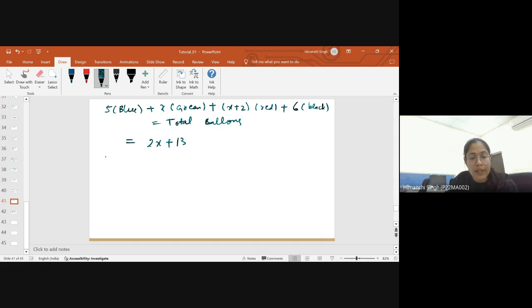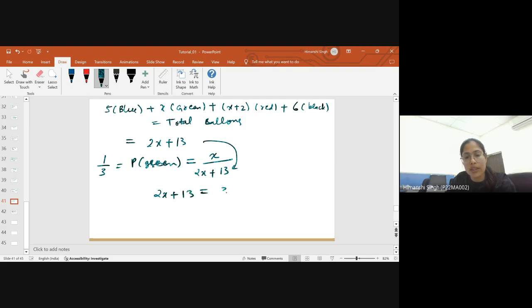So the probability that we have a green balloon is 1 by 3, and it is equal to the number of green balloons, that is x, divided by the total number of balloons, that is 2x plus 13. So we'll just cross multiply and we'll find that 2x plus 13 is equal to 3x.